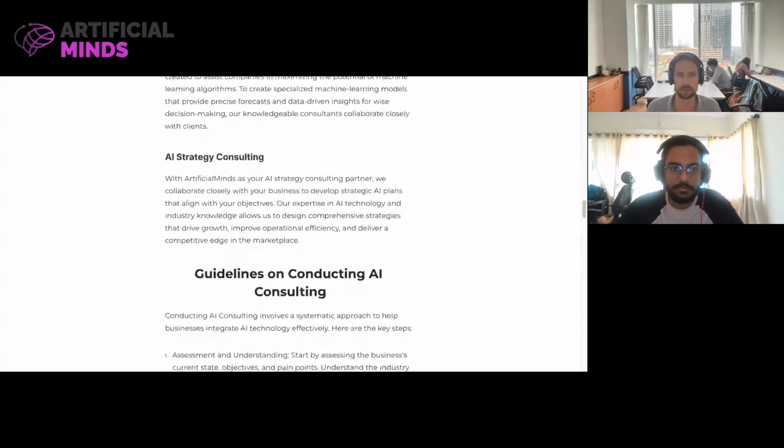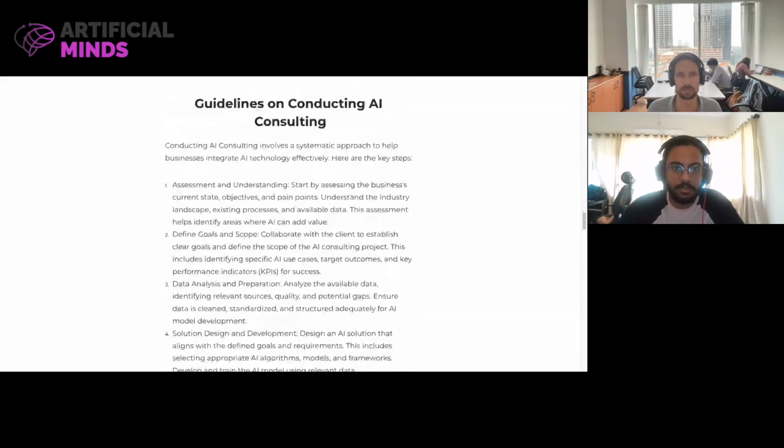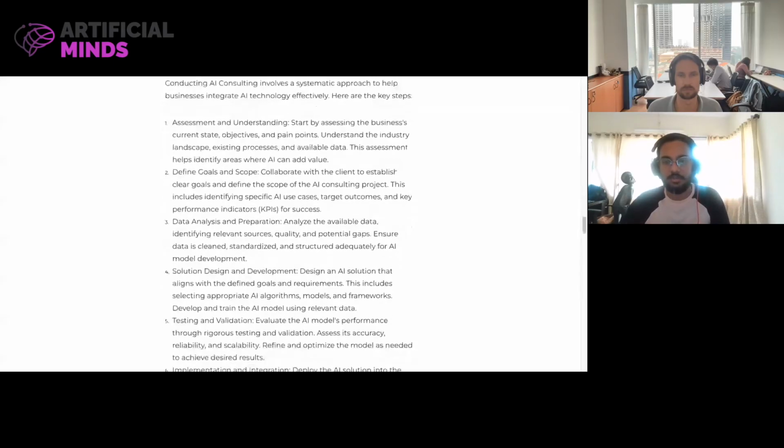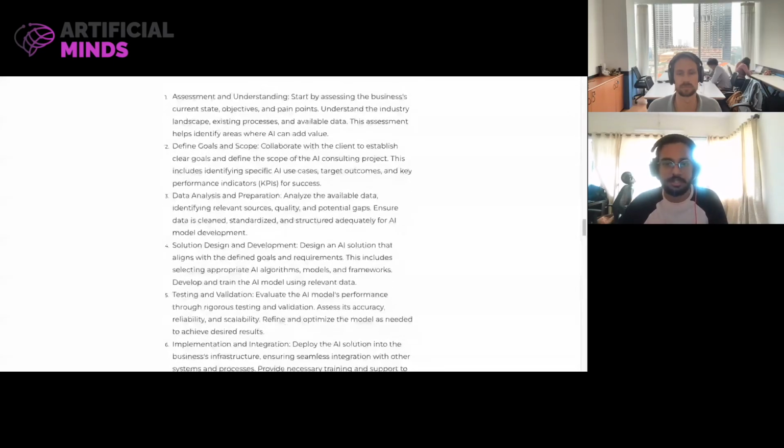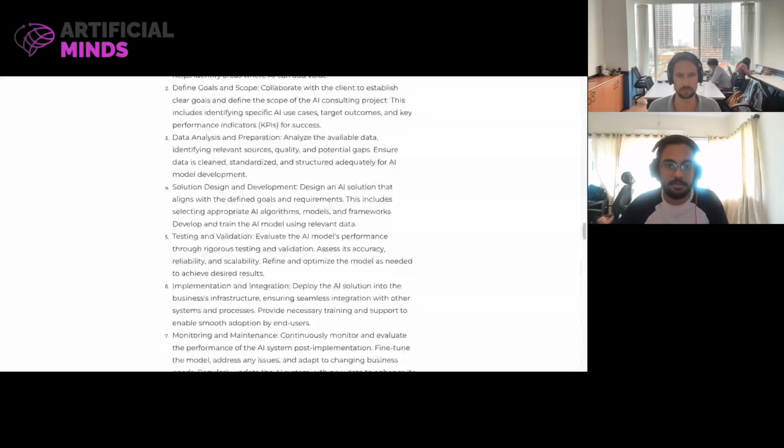And just in general, the guidelines around AI consulting. In the beginning, you first have to start by understanding what exactly your business needs. After you understand it, you write down the problem statement and define the scope of the subject, and you start by getting the data set. There are various websites where data sets are available.